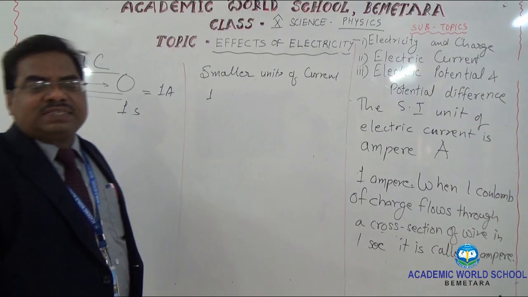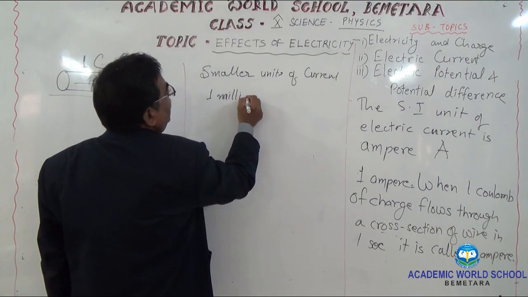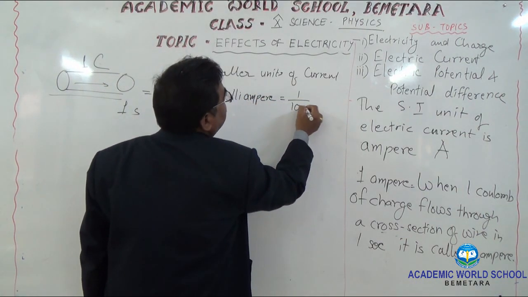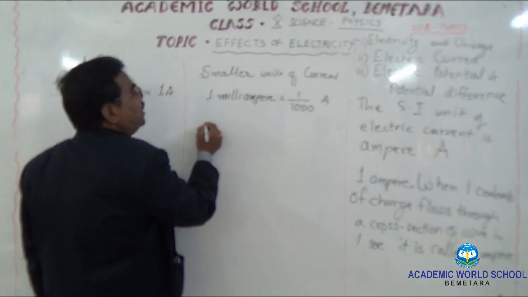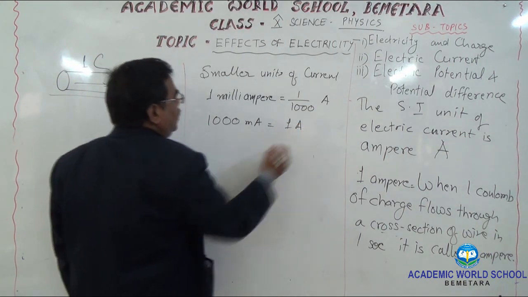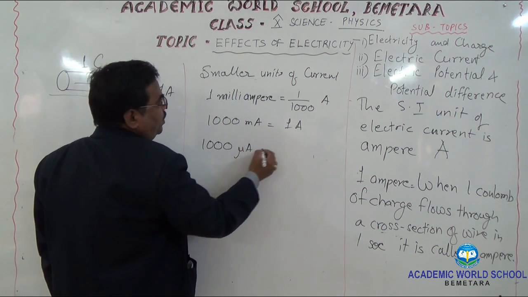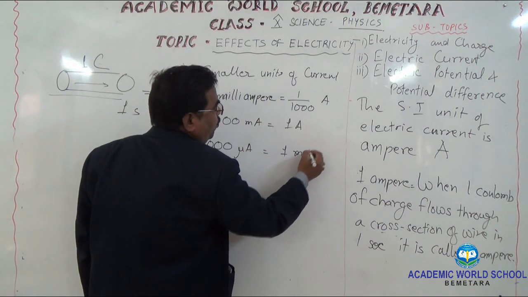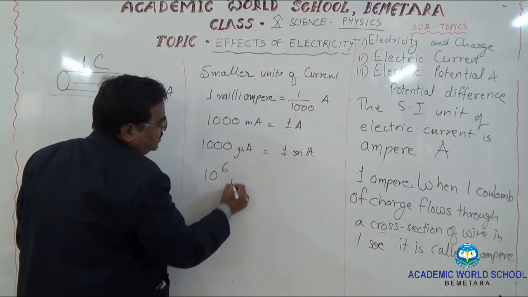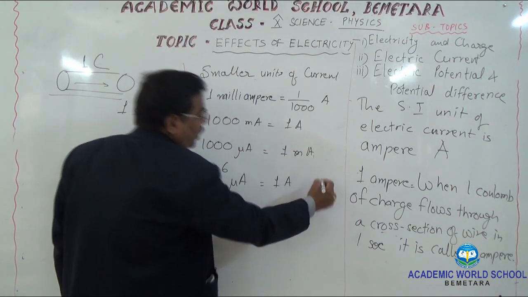The smaller unit is milliampere. 1 milliampere is equal to 1 upon 1000 ampere, or you can say 1000 milliampere equals 1 ampere. Similarly, 1000 microampere is equal to 1 milliampere, or 10 to the power 6 microampere is equal to 1 ampere.